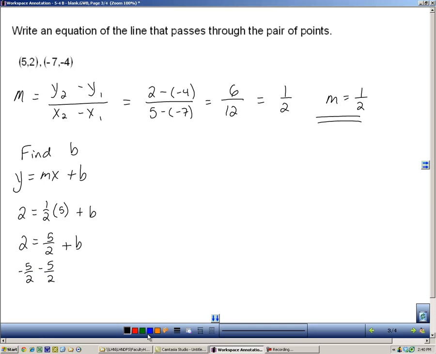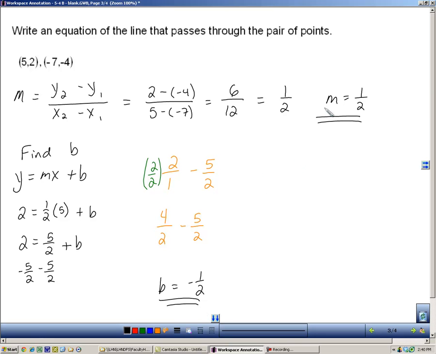So we're going to have to do some fraction work. So we'll go 2 over 1 minus 5/2. I need common denominators of a 2. So we multiply this first fraction by 2 over 2, making it a 4 over 2 minus 5 over 2, which means my b is going to equal negative 1/2.